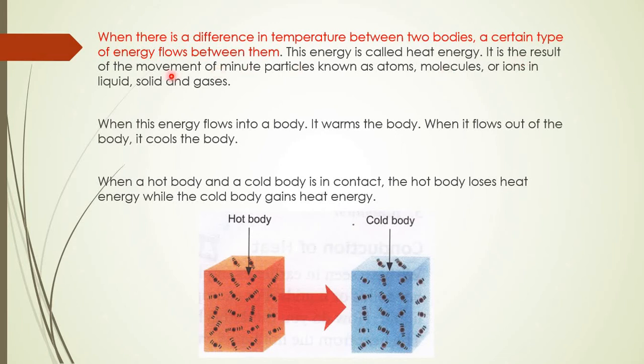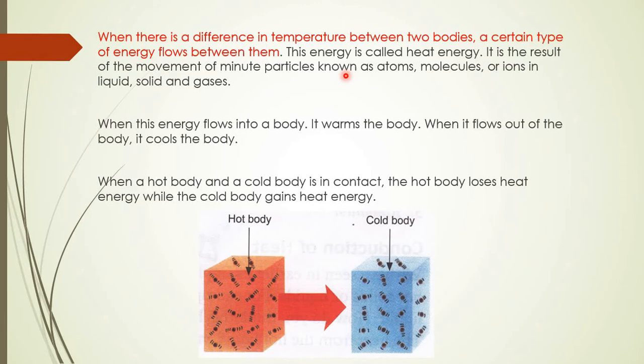It is a result of the movement of minute particles known as atoms, molecules or ions in liquids, solids and gases. Now how does this flow of energy happen? Every object is made up of small particles, either atoms, groups of atoms called molecules, or ions.